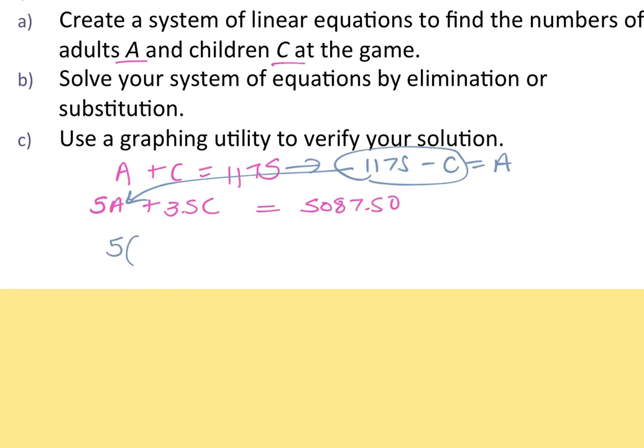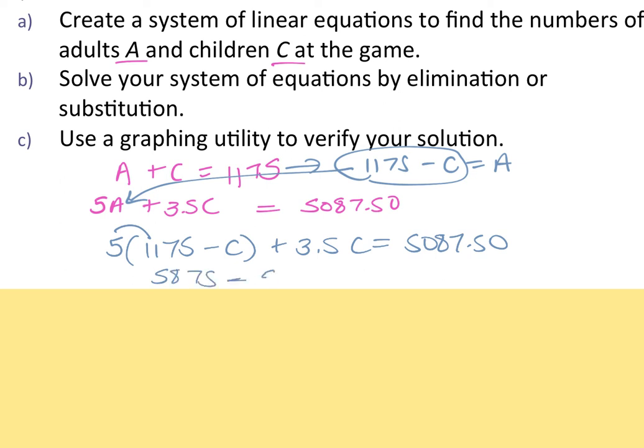So 5 times 1175 minus C plus 3.5C equals 5,087.50. Distribute here. So 5 times 1175 is 5,875 minus 5C plus 3.5C equals 5,087.5.